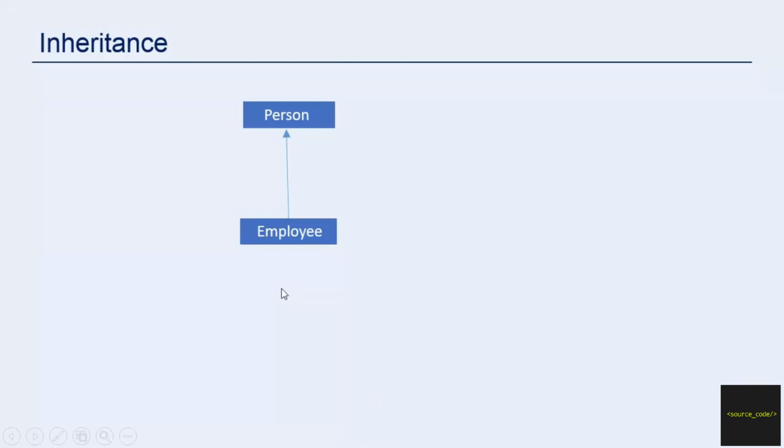You can have multi-level inheritance, which means that from the derived class, you can further inherit another class. For example, from this employee class, you can inherit a class called teacher and a class called accountant. So all attributes of person are available in employee class, and all attributes of employee class are available in this teacher class and in this accountant class.